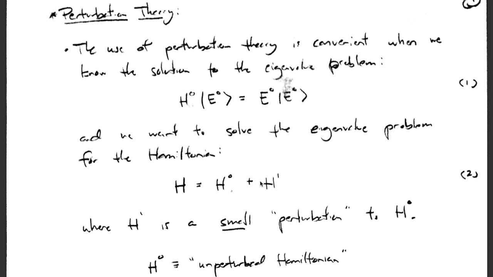And by perturbation, I mean a small kind of fluctuation on top of H0. So H0 would be responsible for the large effects as far as the energy spectrum goes, and H1 would just be small fluctuations on top of that.